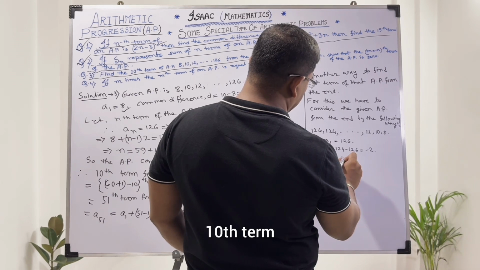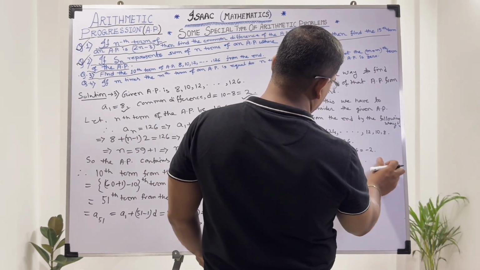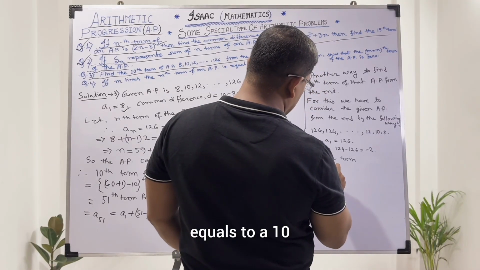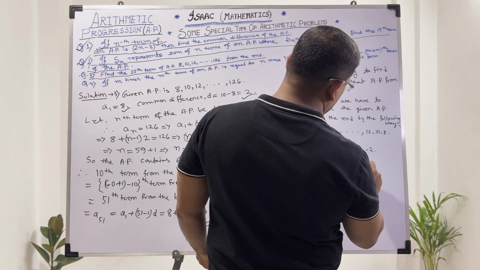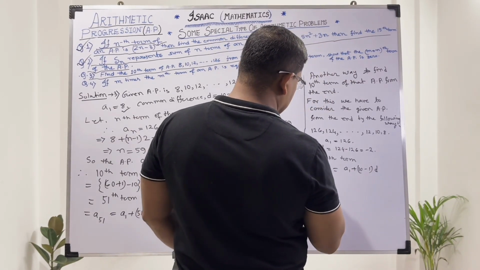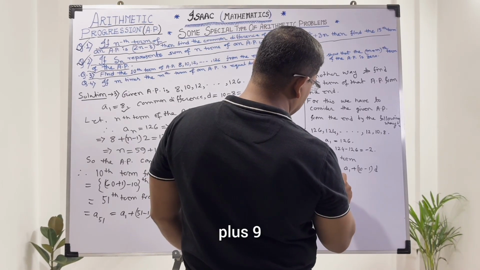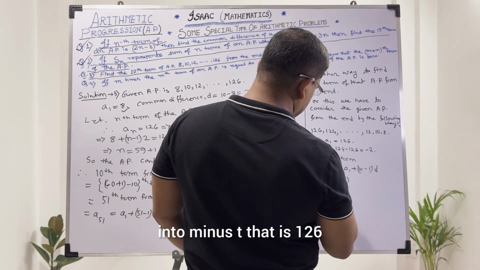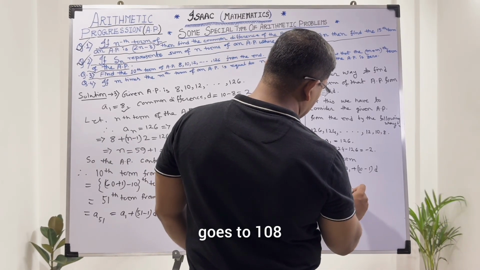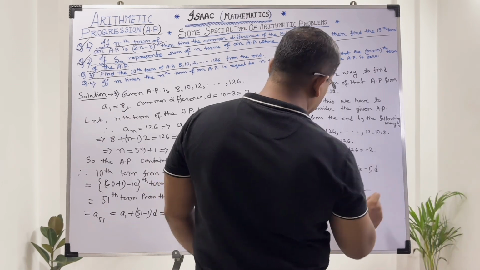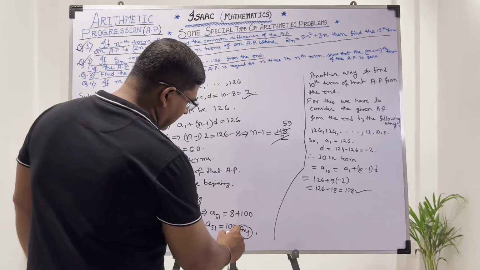So therefore, 10th term equals to A10 equals to A1 plus 10 minus 1 into D. That is 126 plus 9 into minus 2. That is 126 minus 18 equals to 108. This is also 108 and this is also 108.